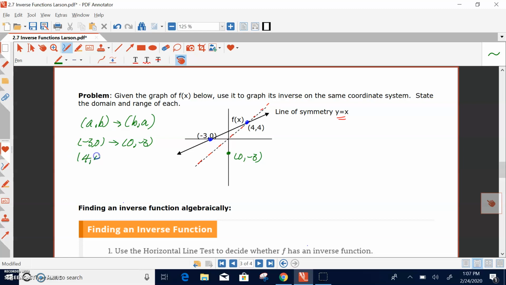The point 4, 4 would become, if I switch x and y, the point 4, 4. So 4, 4 is on my inverse. If I connect the dots with those two points, notice that this green line would now be my inverse. And if you folded your page along that dotted red line, the two would be symmetric. They would match up. So a function and its inverse have symmetry across that line y equal x.